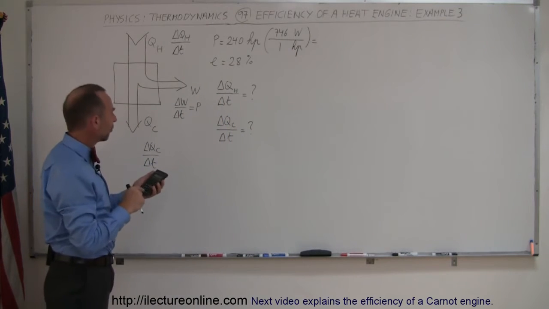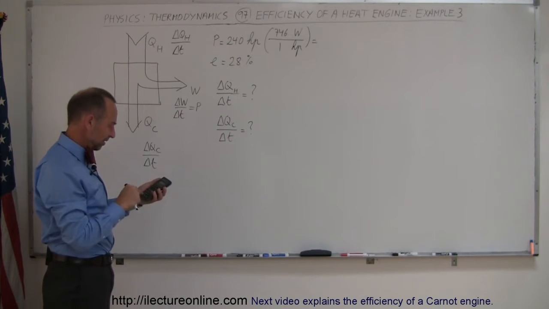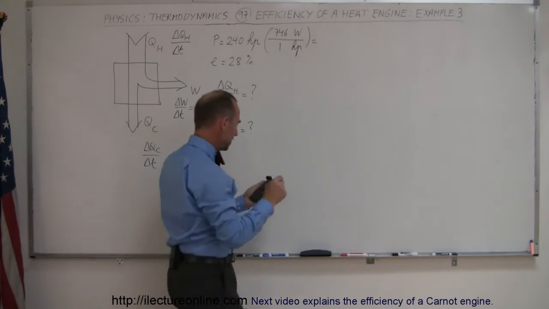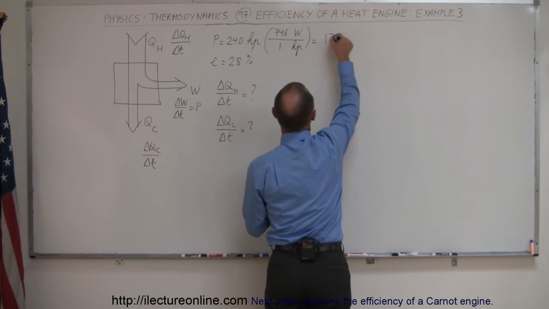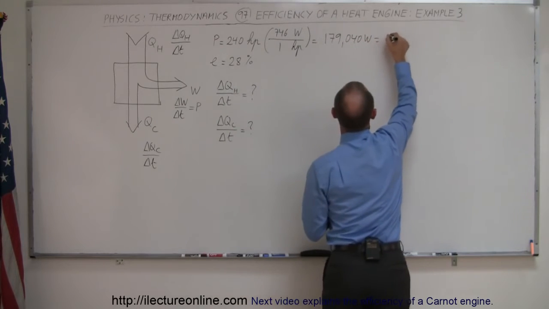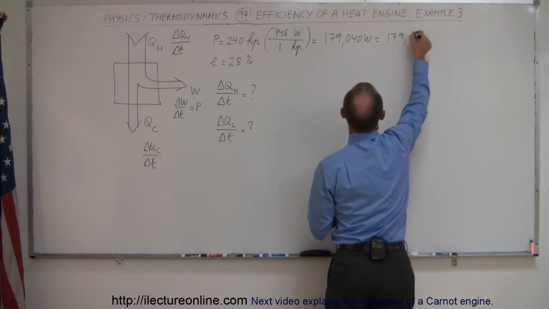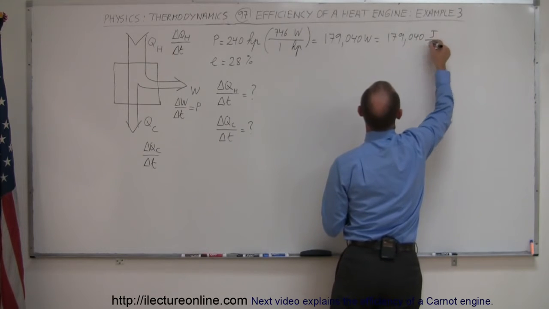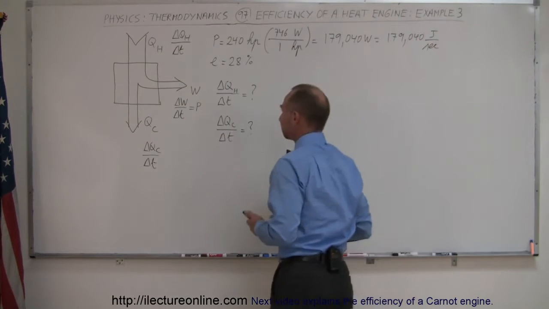So 240 times 746 is equal to 179,040 watts, which is 179,040 joules per second.